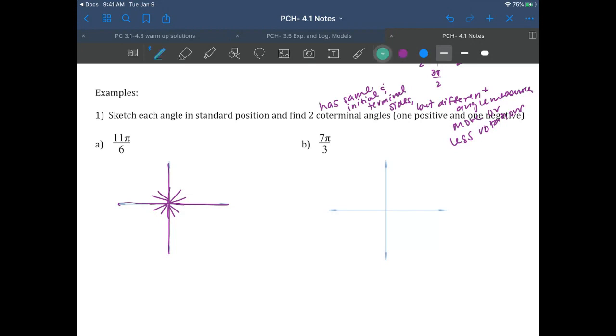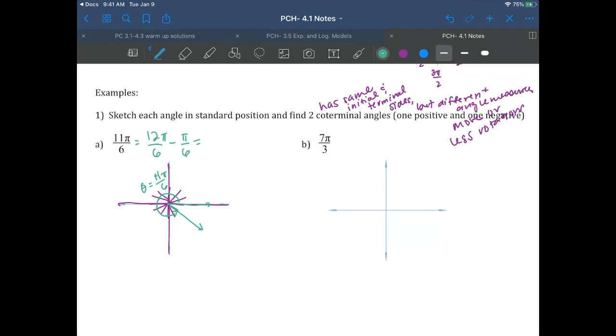I need to count 11 of those. So 1, 2, 3, 4, 5, 6, 7, 8, 9, 10, 11. Or I can think that this is really close to 12 pi over 6, which is 2 pi, and you're just subtracting out pi over 6. So we're just missing one wedge here. So the angle here, theta, is equal to 11 pi over 6.